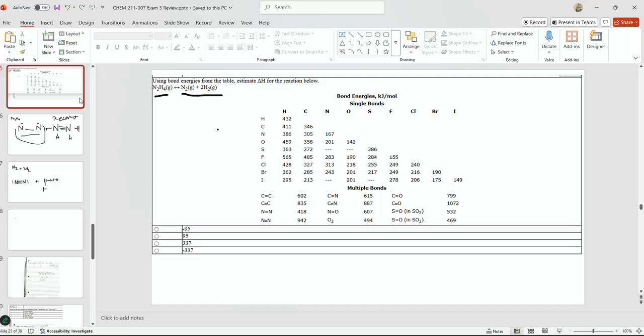Wait, so why do we only have 2 bonds broken? If you break this, that will just be connected. Oh, okay. All right. So this one is being added to, we have 2 more hydrogen atoms here. So the only thing we're breaking here is, wait, that doesn't make sense.